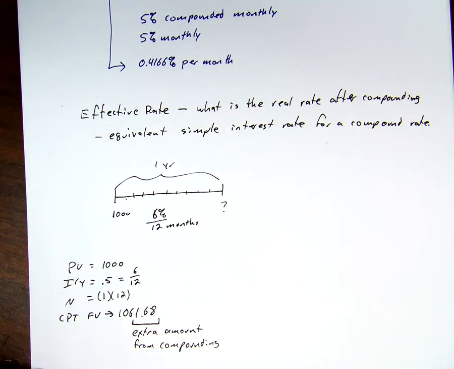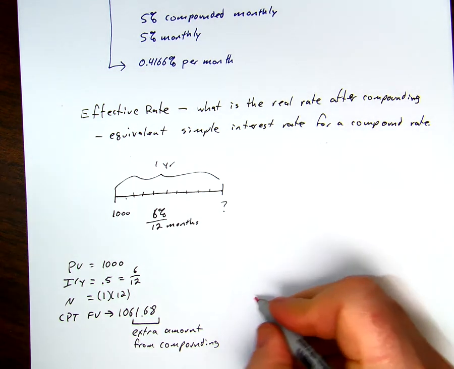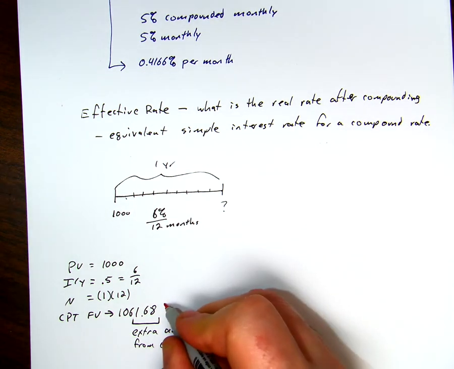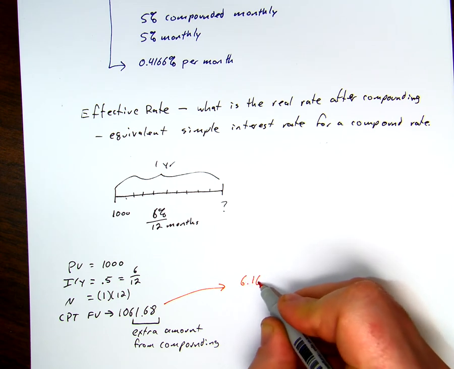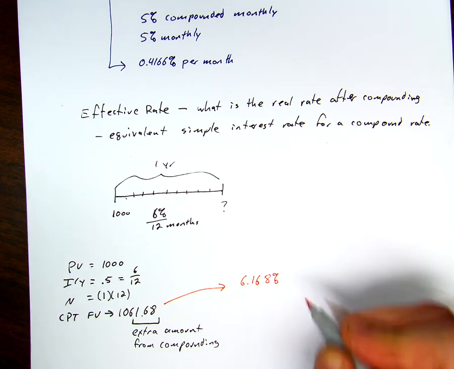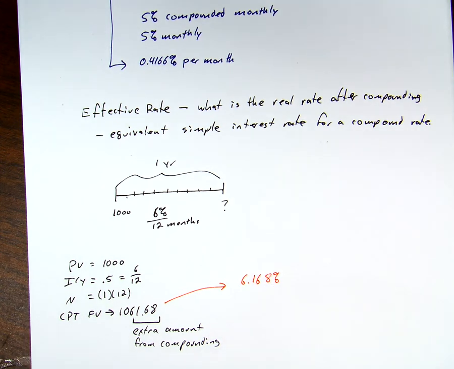If we were then going to calculate what the simple interest was, we would say that the 6% wouldn't be 6%. This we would relate to 6.168%. The extra $1.68 we get on $1,000 in a year.